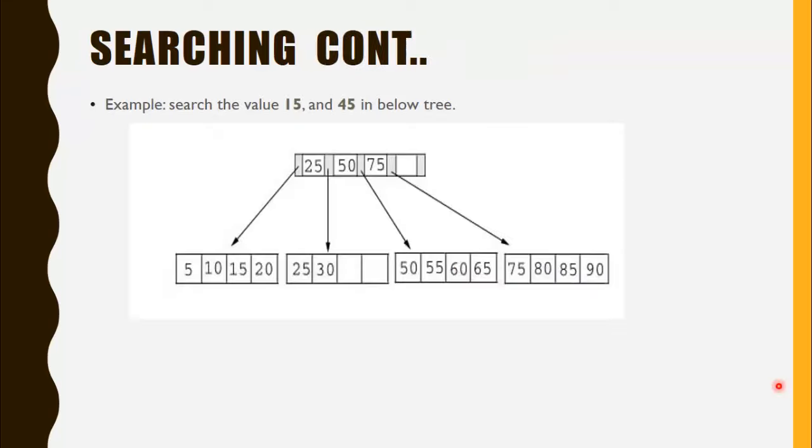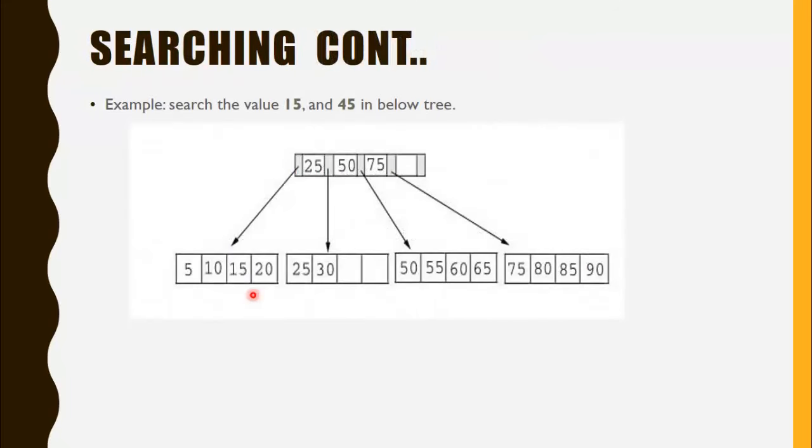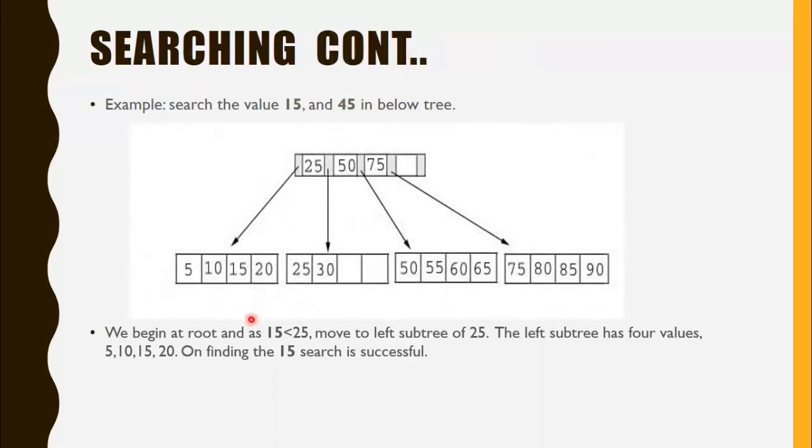So we are going to search for 15 and 45 in the tree given below. We are first going to look for where 15 falls. We start from the root, and we can see that 15 is less than 25.